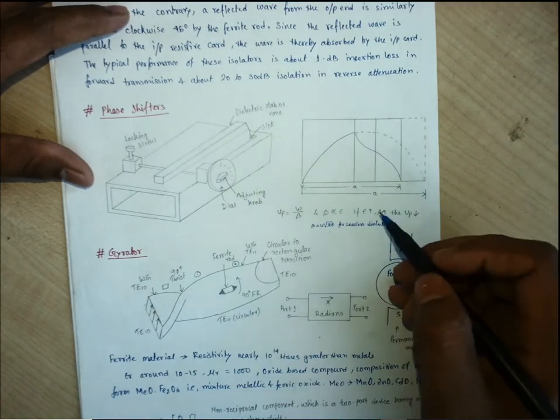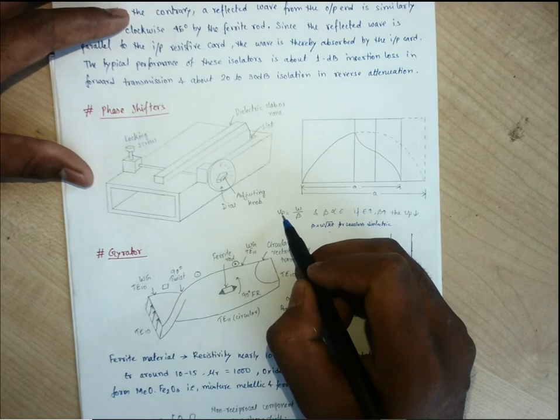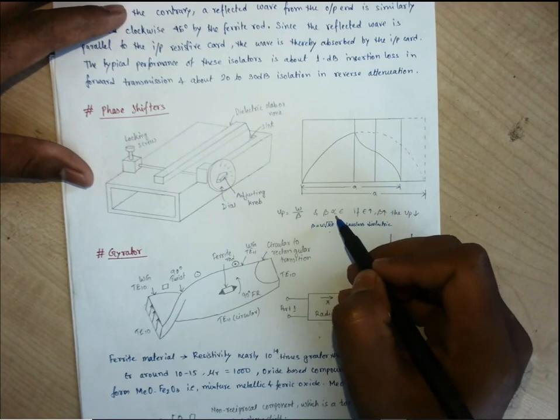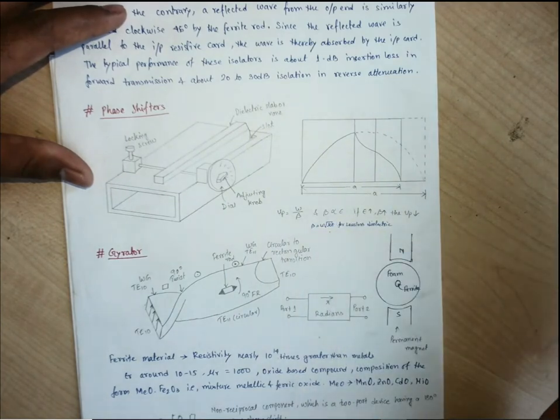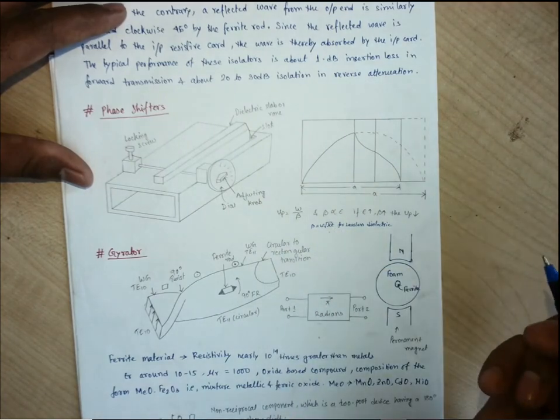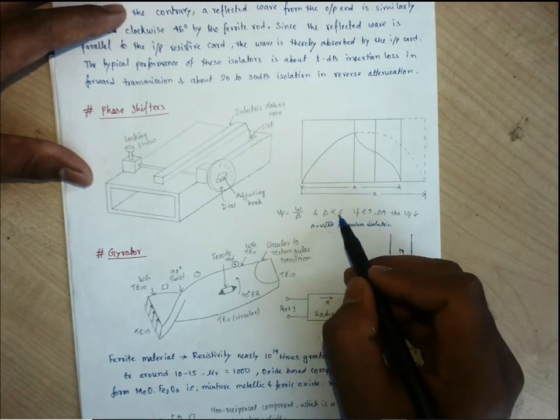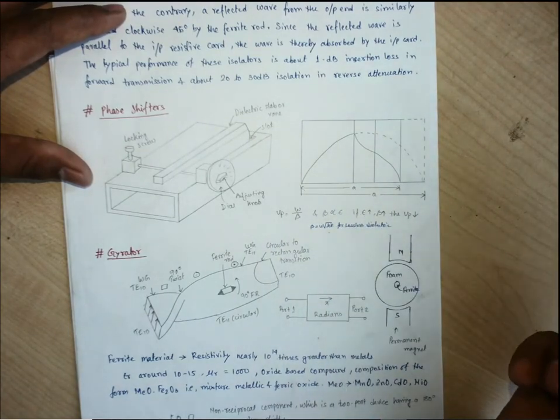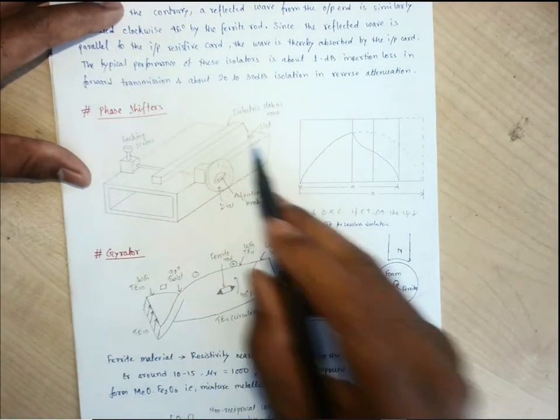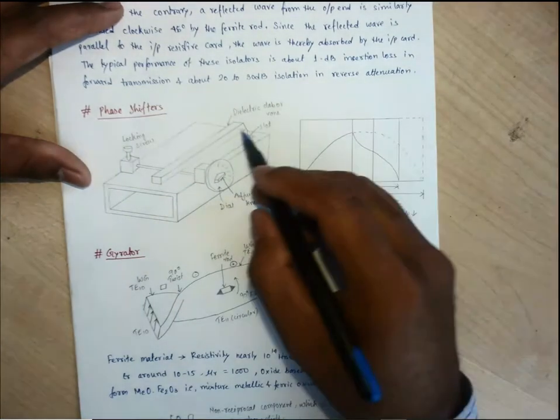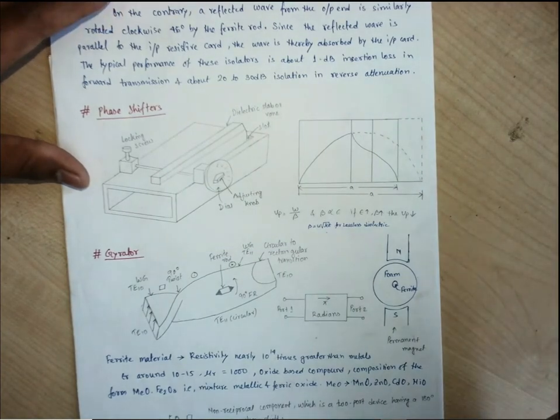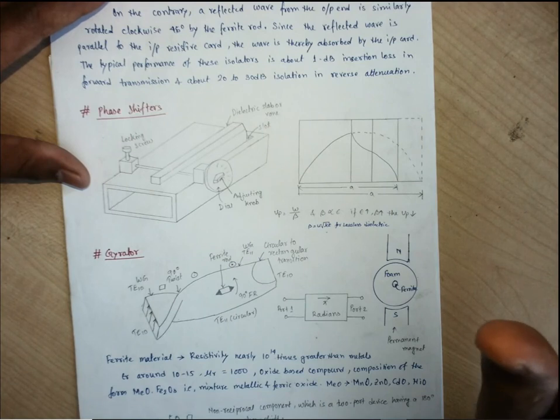What do we know? The phase velocity of any wave is omega by beta, and beta is proportional to epsilon. How? Beta equals omega root mu epsilon for a lossless dielectric. So obviously this phase shift constant depends upon the permittivity of the medium inside the waveguide. When we put this dielectric slab inside the waveguide, we are changing the medium properties inside the waveguide.